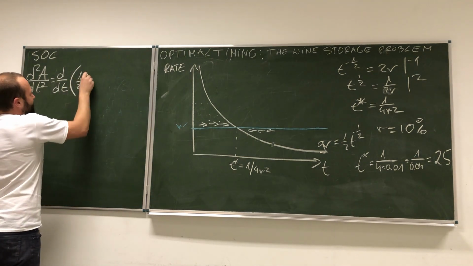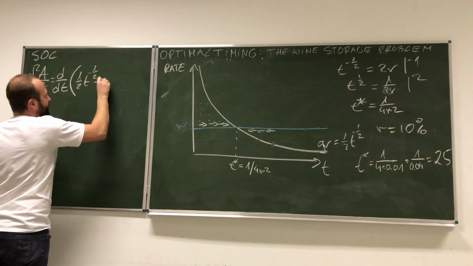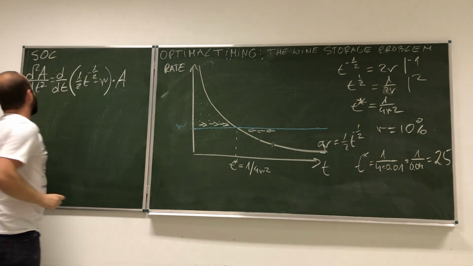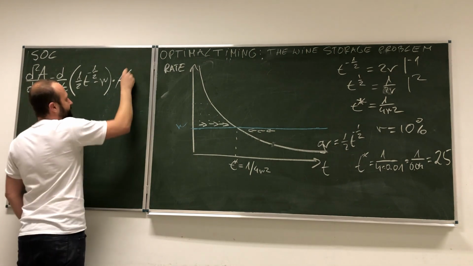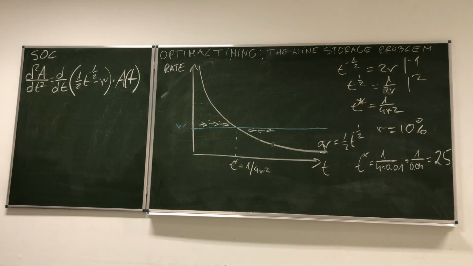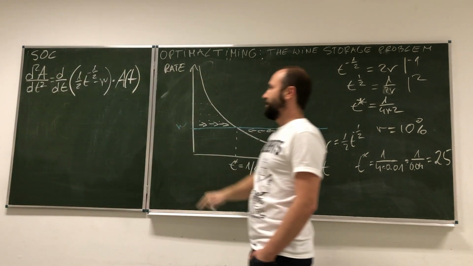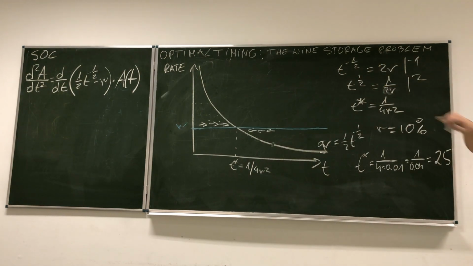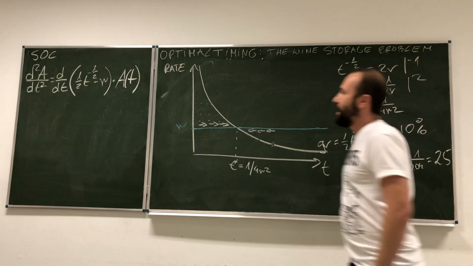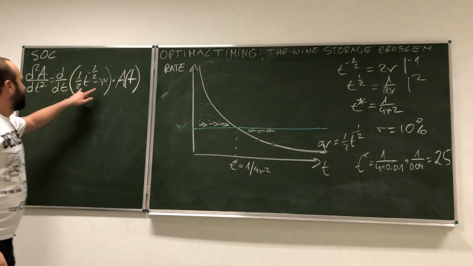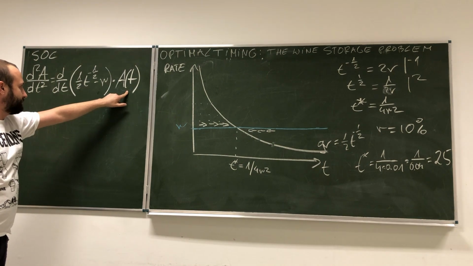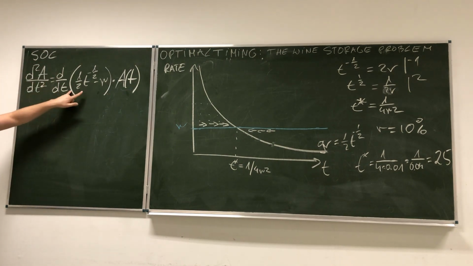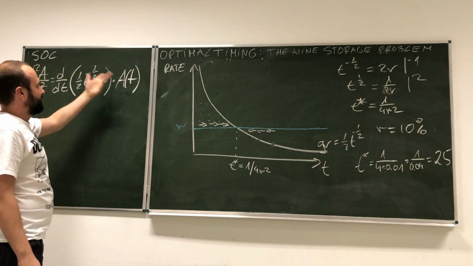which was 1 over 2 t to the power negative 1 over 2 minus r times A. But look, here is the tricky part. Remember that A is a function of t, of time. So, if I want to calculate this derivative, I need to use the product rule. So, I need to calculate the derivative of this times this plus this times the derivative of this. Okay?